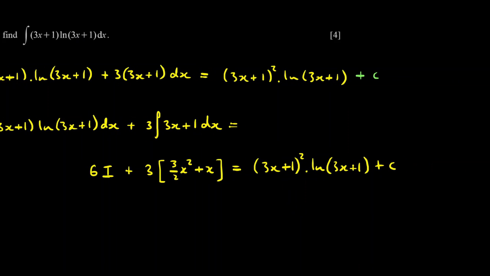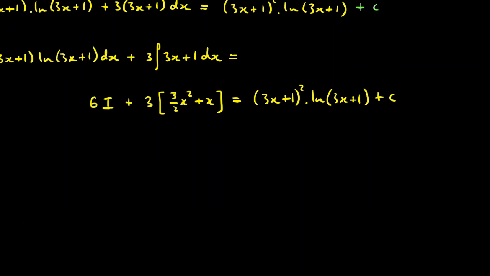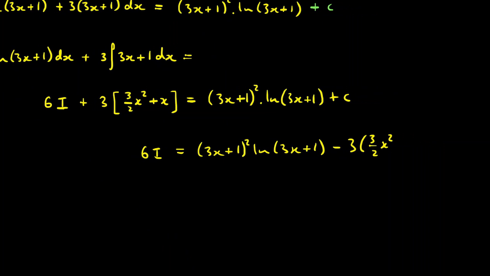Then all I've got to do is rearrange this so that 6I is equal to (3x+1) squared ln(3x+1) minus 3 times (3 upon 2 x squared plus x), all of that plus c.